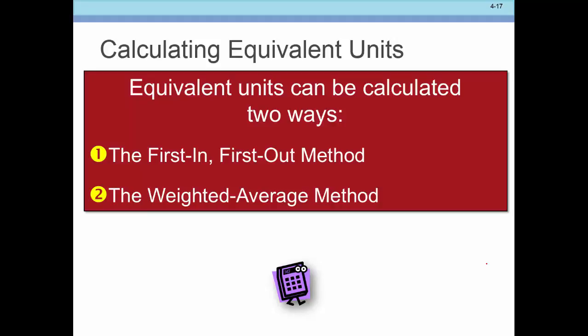So someday when you're taking cost accounting, once you discover your true love, which is accounting, right? You just haven't quite realized that yet. Once you discover that, then you'll be taking managerial accounting, and you'll be dealing with FIFO then. So we'll save that for later, okay? We're going to just focus on the weighted average method here, okay?